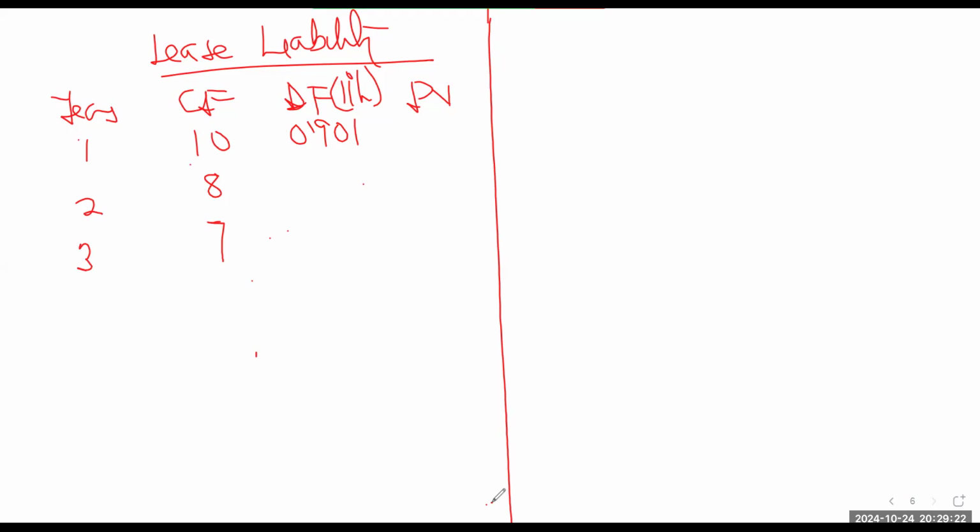Then the second year is 0.812. Then 0.731. How much are we having? Year three, 5.12.